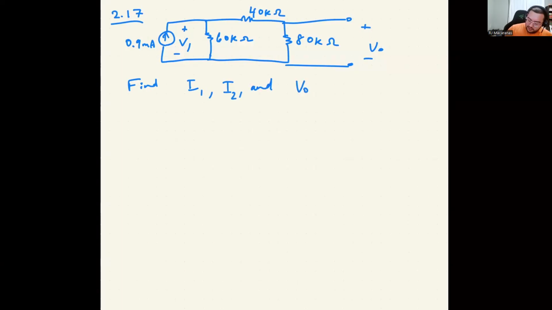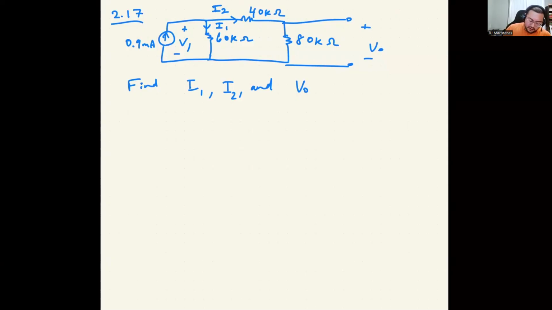Going back to the figure, I1 is the current going through the 60 kilohm resistance, and I2 is the current going into the 40 kilohm resistor.